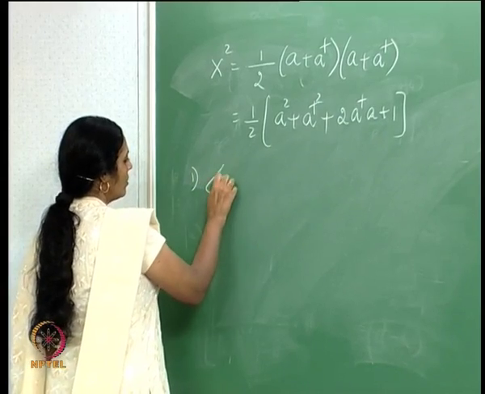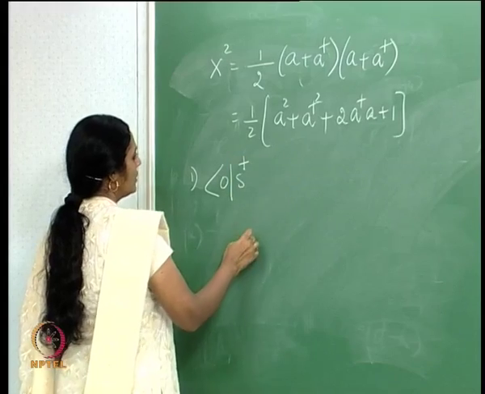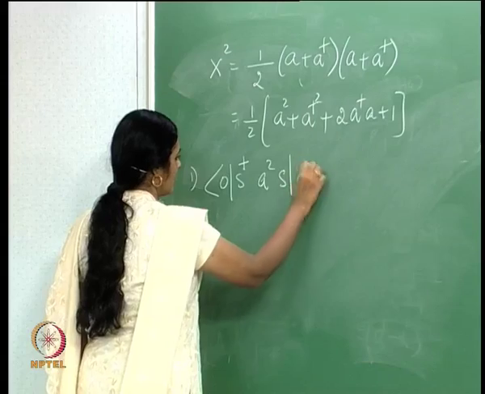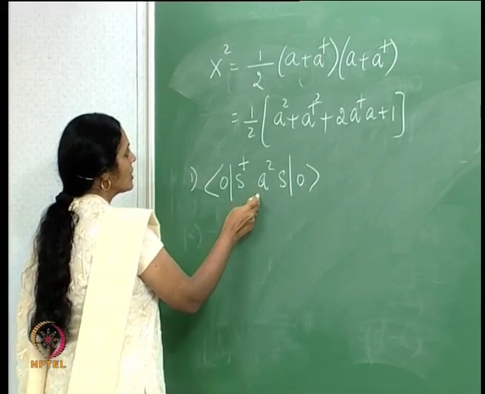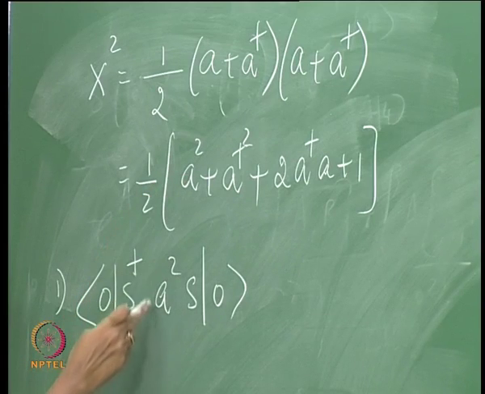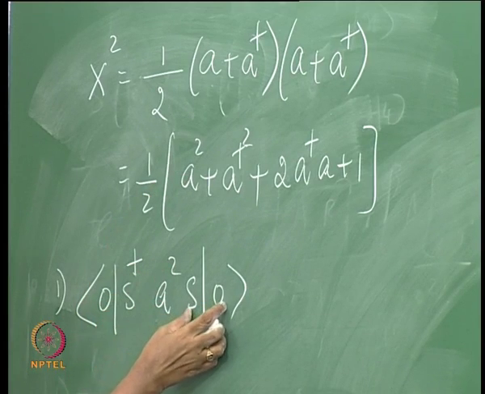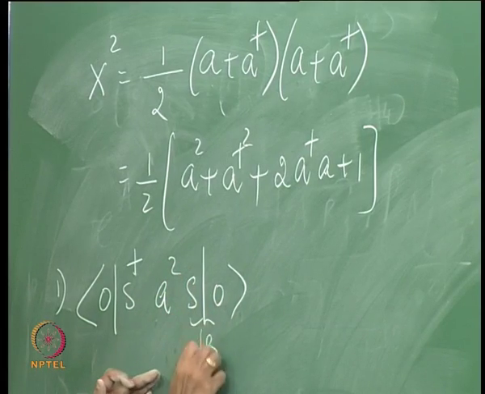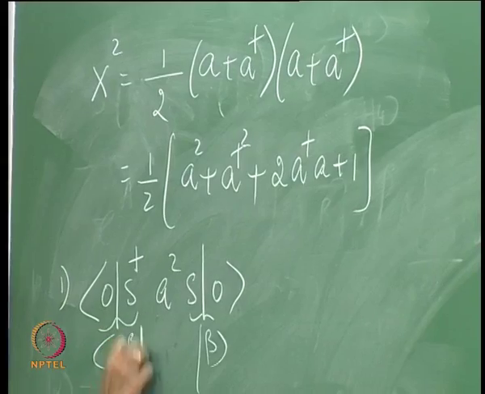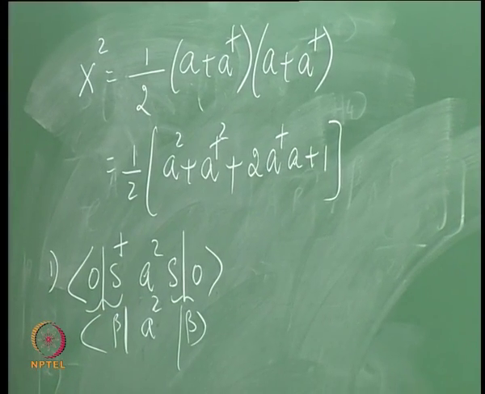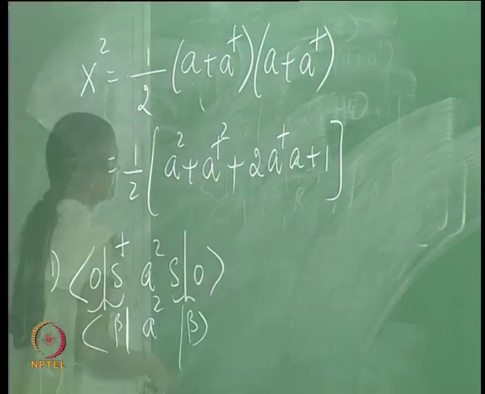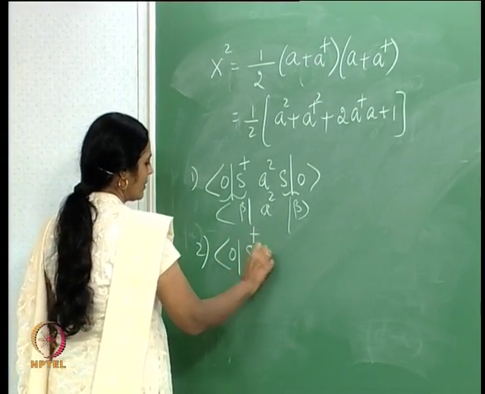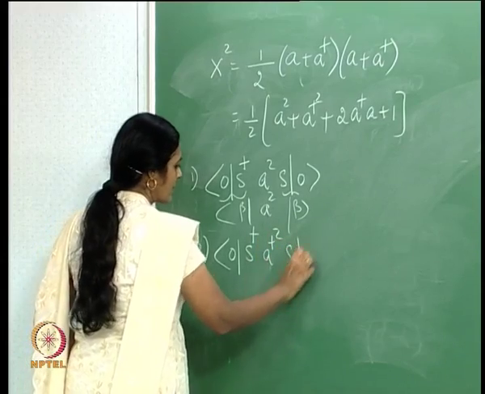We therefore have to find various expectation values. First of all, we need to figure out this object. We need to find out the expectation value of A squared when it is sandwiched between bra beta and ket beta. Similarly, we need to find out 0 S dagger A dagger squared S 0.